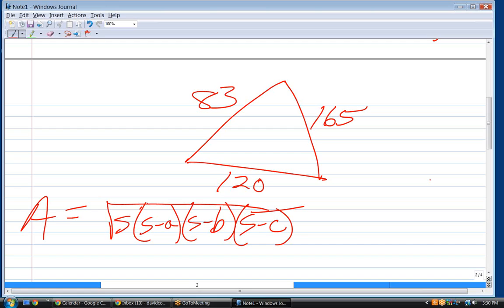So what's the perimeter here? What's S equal to? S equals, let's see, 184.